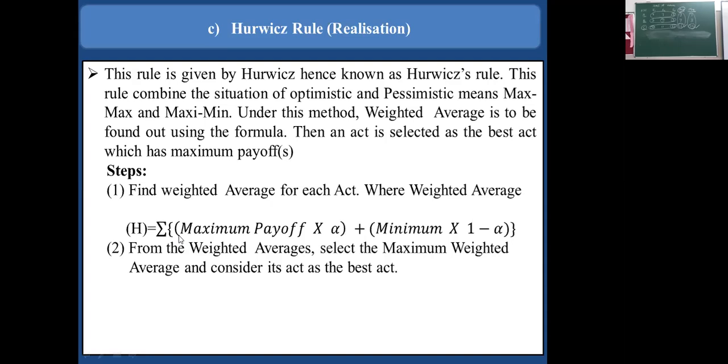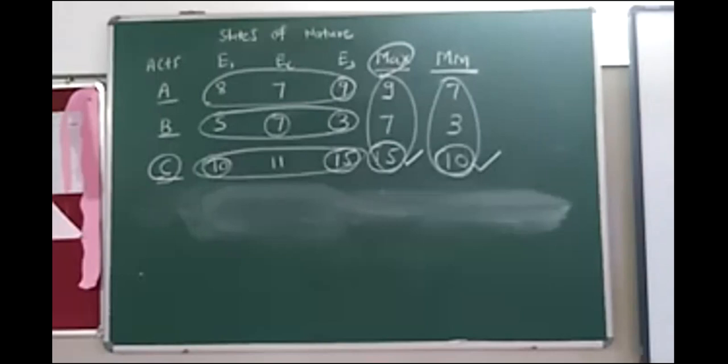And finally, after finding this weighted average, we'll select the maximum weighted average as the best act. So let us try to understand this concept practically. Here again we'll use the same question.